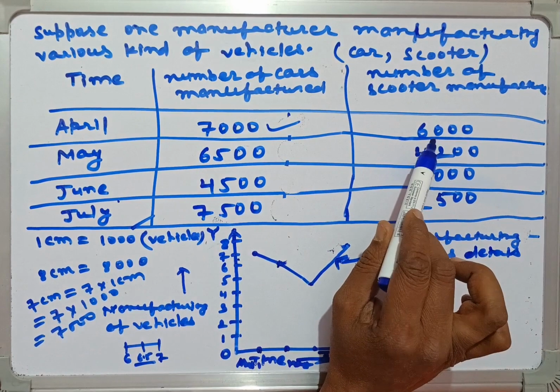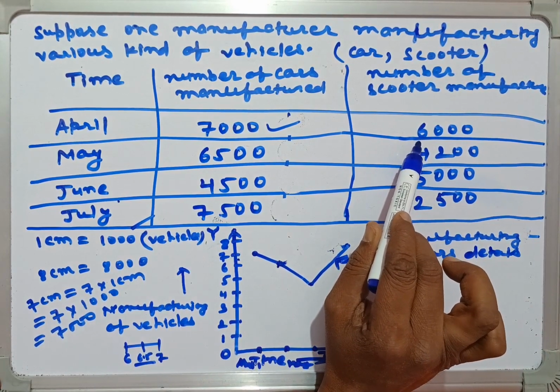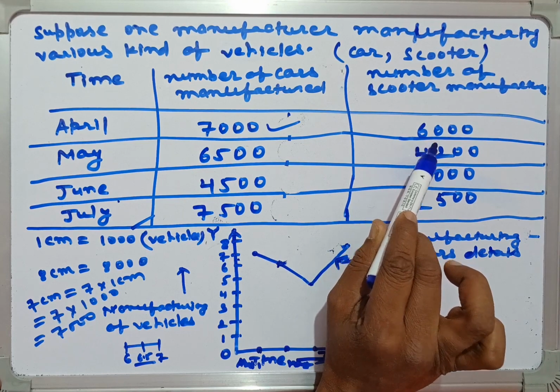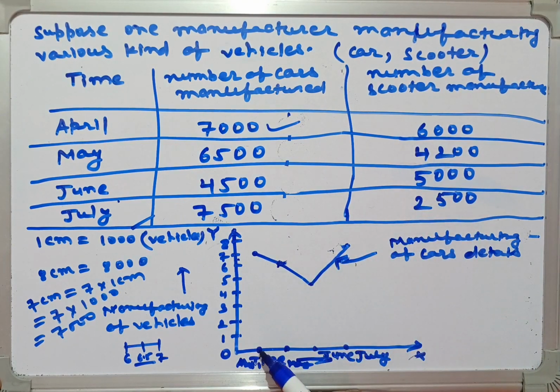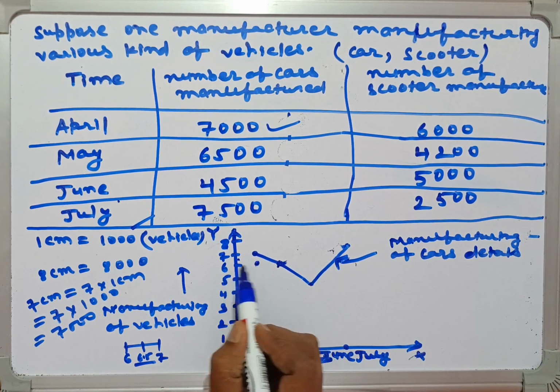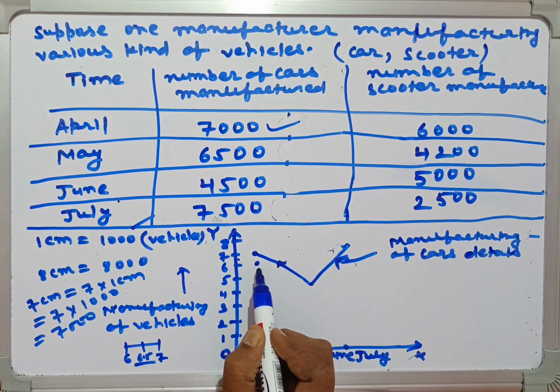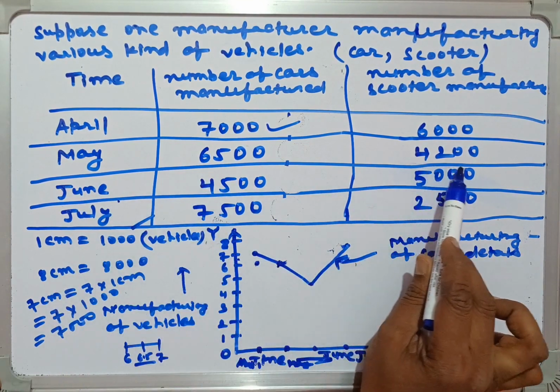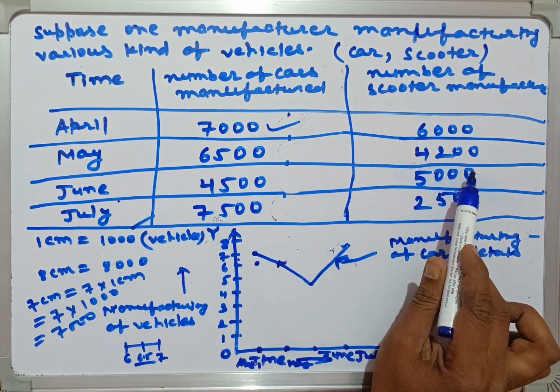Now the next one is scooters. In the month of April the production was 6,000, so we go here because 6 centimeter equals 6,000. The next one is 4,200.